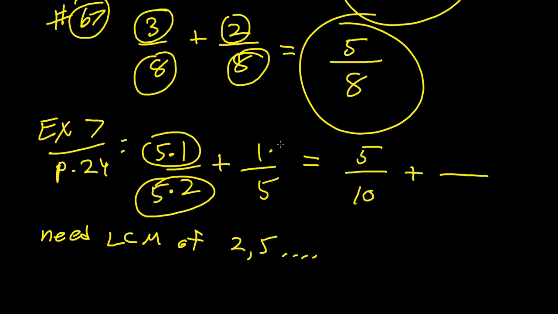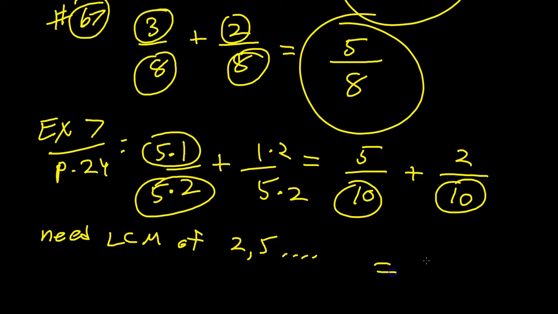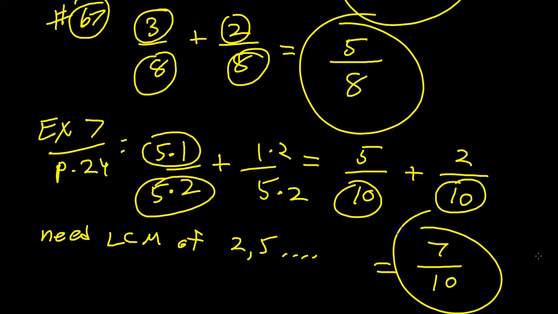Similarly here, the second fraction, if I multiply both numerator and denominator by 2, I get 2/10. And now that my denominators are common, I'll just add my numerators as indicated and keep that common denominator in my final answer.